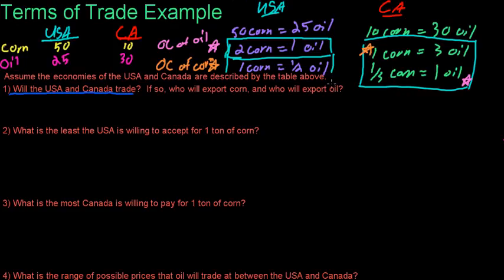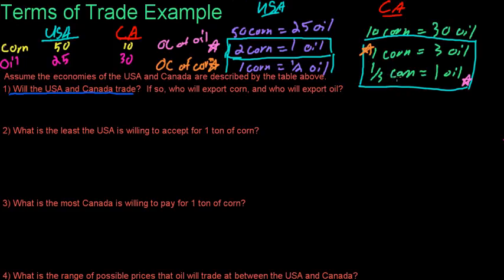So what we can see now is that the USA, before we go on, let's just stop and look. In order to produce 1 million barrels of oil, the USA has to sacrifice 2 tons of corn. Whereas in Canada, in order to produce 1 million barrels of oil, they only have to sacrifice a third of a ton of corn.